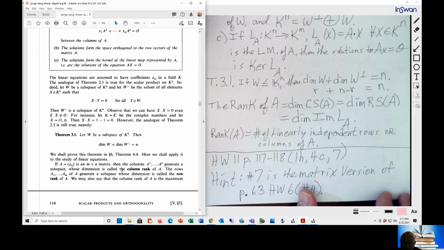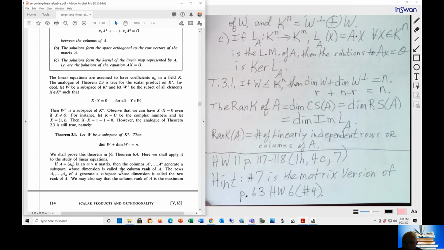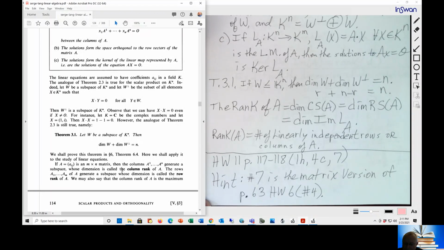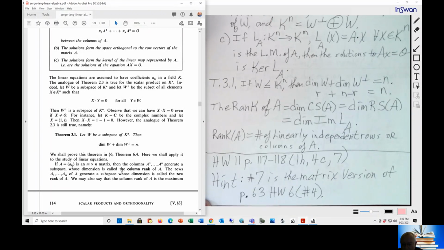And there's a little hint here for number 7. Number 7 is the matrix version of homework 6, number 4. So take that hint to heart, because it will help you for number 7 for homework number 11.